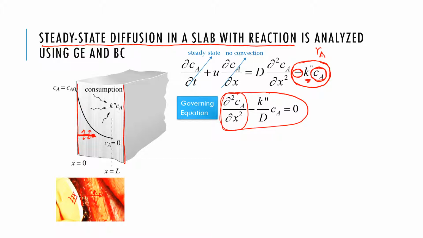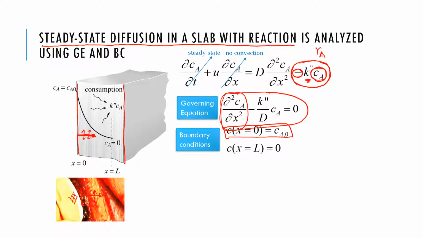So what are they? One of them is the boundary condition at the surface, at x equal to 0, and this boundary condition is some concentration given. That is equivalent to whatever would be the concentration in the tissue that is touching the drug.